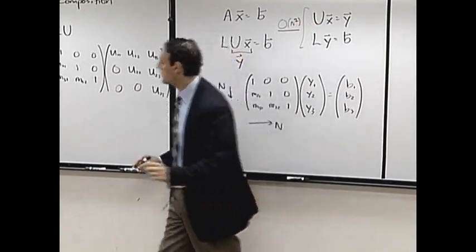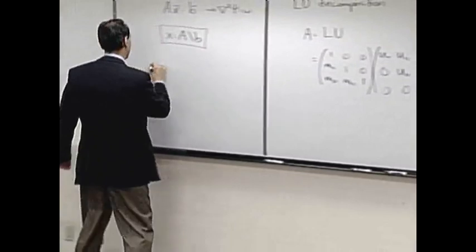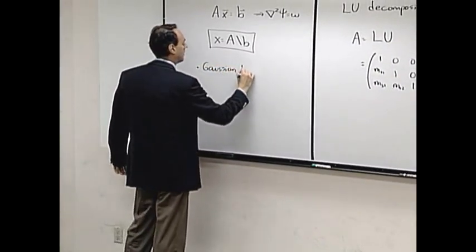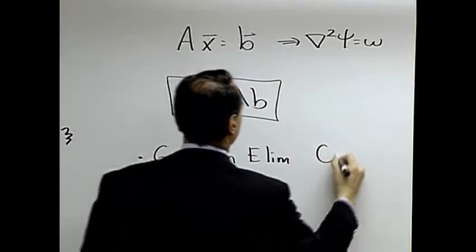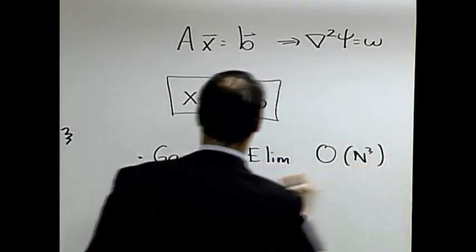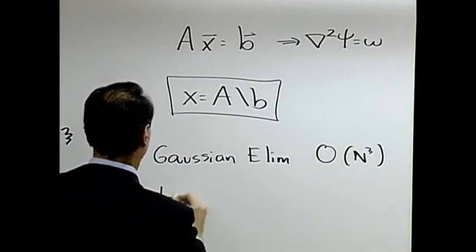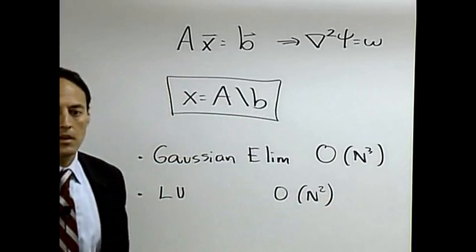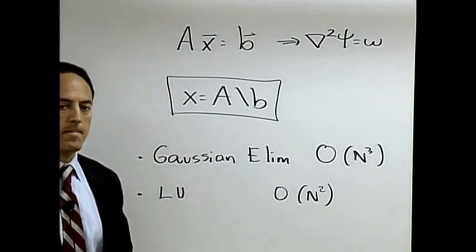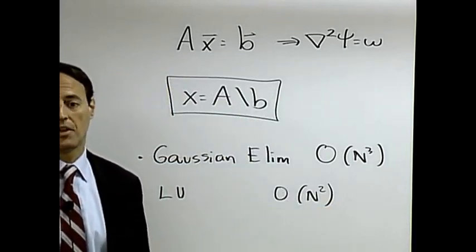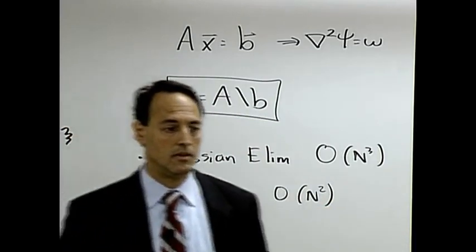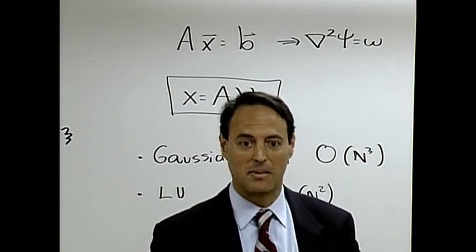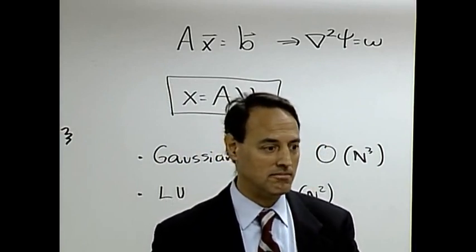Okay, so let's write this down over here. So all right, if you had this LU matrix and you weren't using it, you'd get the right answer by doing the backslash, but you'd be dumb.